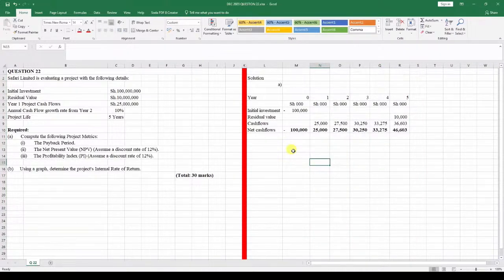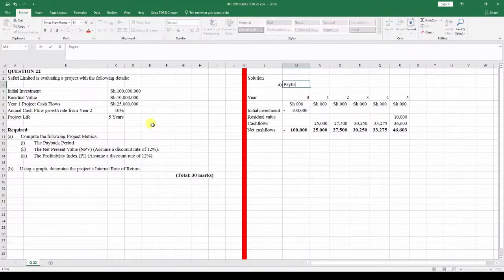Once we have that, we can then get the payback period. So over here I can write the payback period, because that's what you're looking for. This means that we need to get the cumulative values.